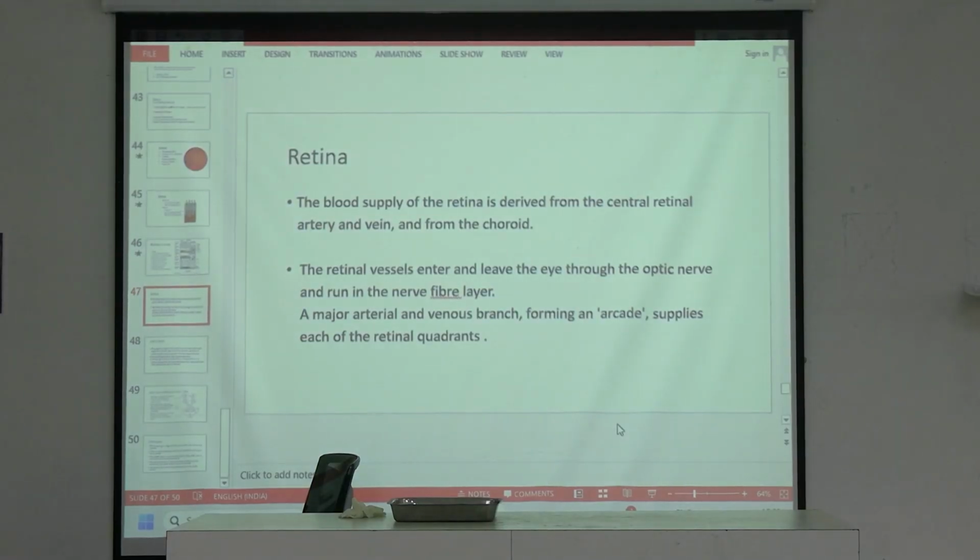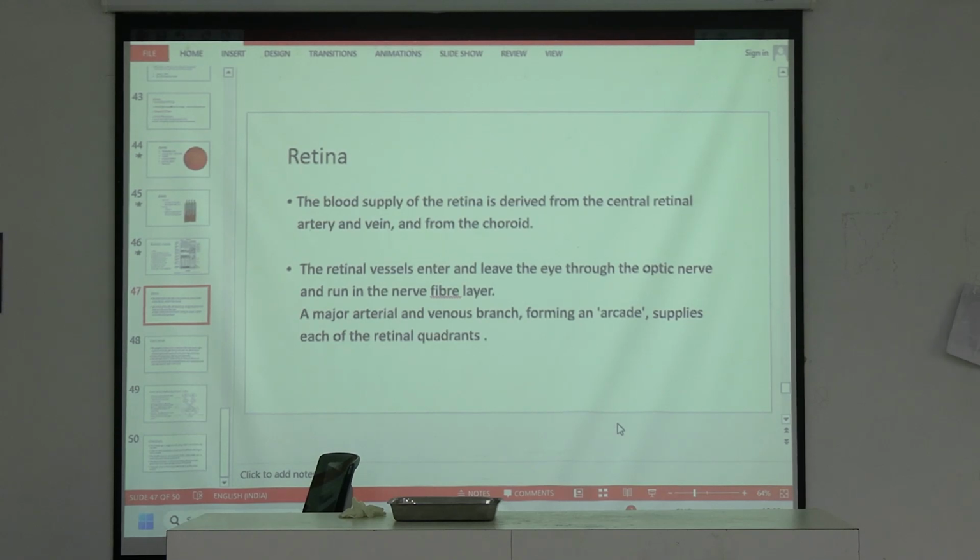So the blood supply: the outer part is coming from the choriocapillary layer, the inner part is coming from the central artery of the retina, and venous drainage is by the central vein of the retina. So there might be occlusion of the central artery and central vein of the retina. Like CVA in our brain, there might be vascular stroke in the eyes also.